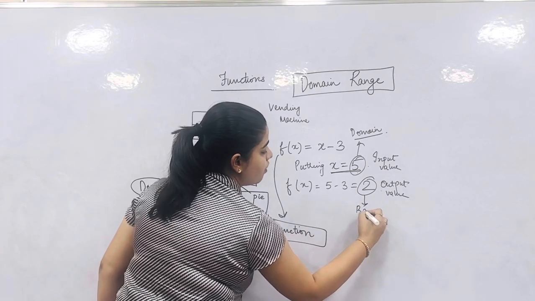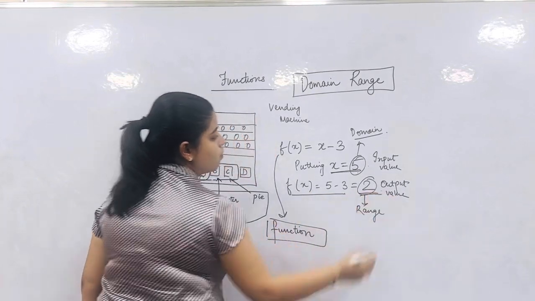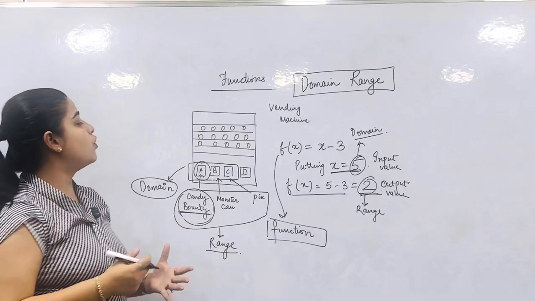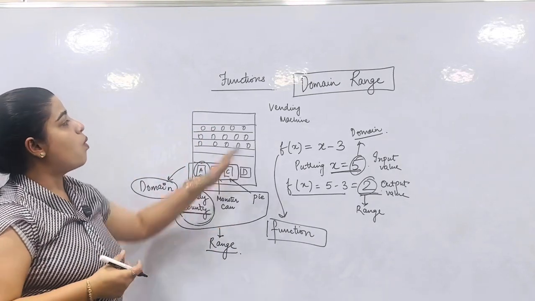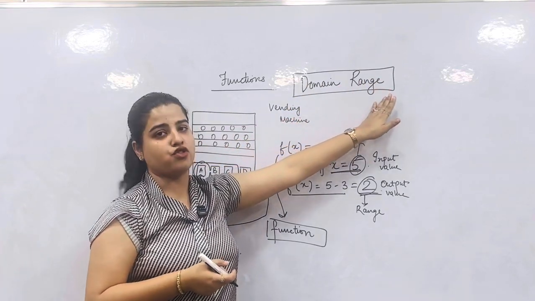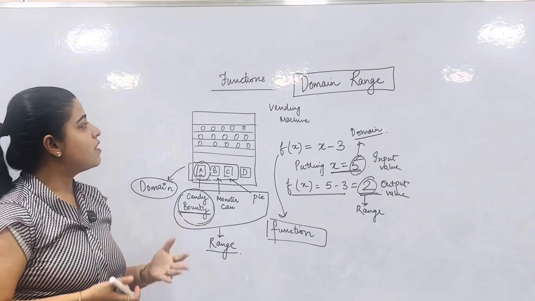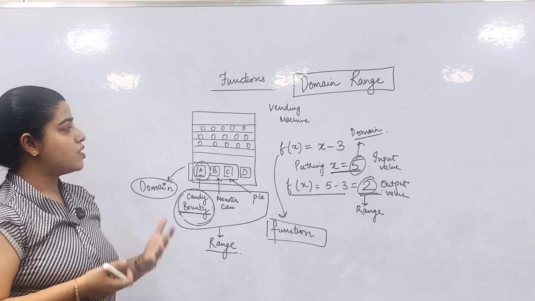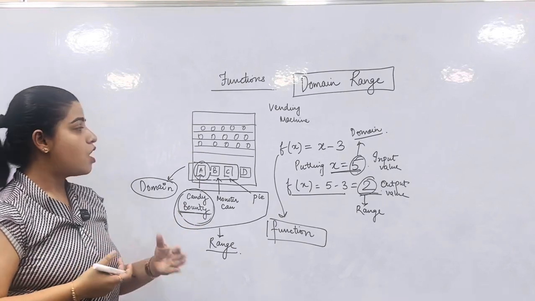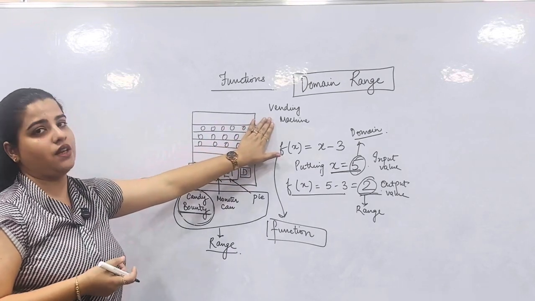So 2 is your range because when we put 5 in the function, it will give us 2. So I think now you'll be able to understand what a function is, what a domain is, and what the range is. If you seem to be forgetting what domain and range is or what a function is, you can always remember the example of a vending machine.